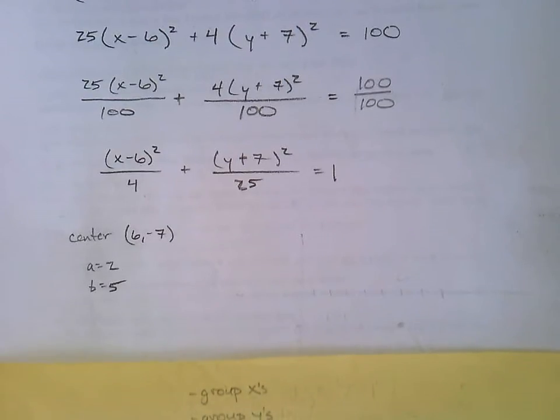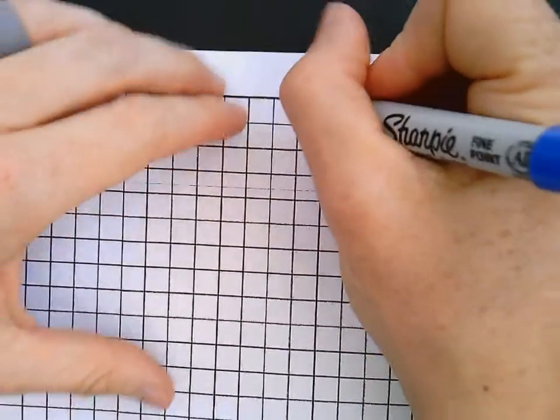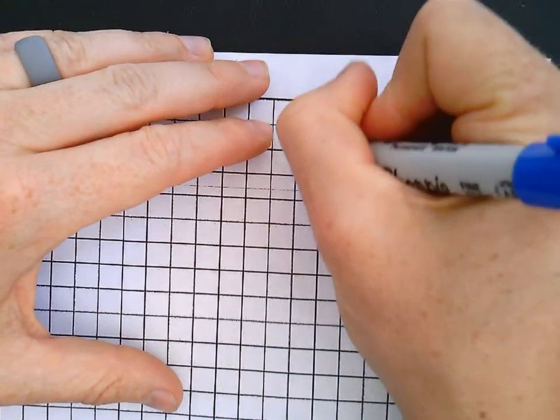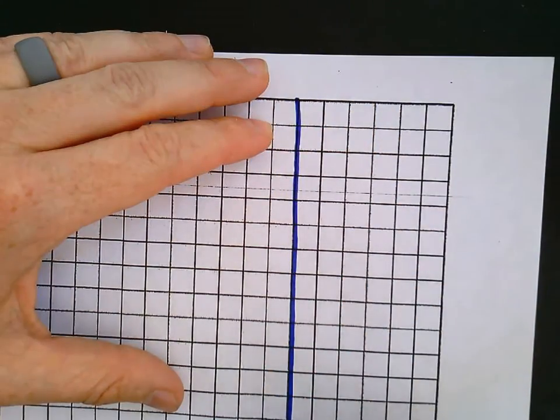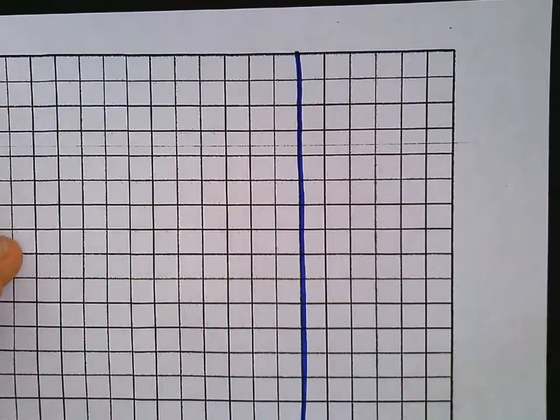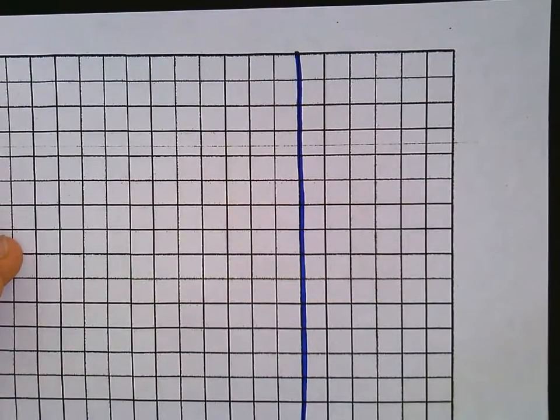And all right, let's graph it. I'm going to pull this up, grab my scratch paper here. I'm actually going to put my XY plane a little bit off center because I want to make sure I have enough space.